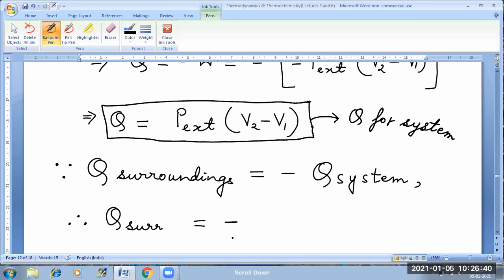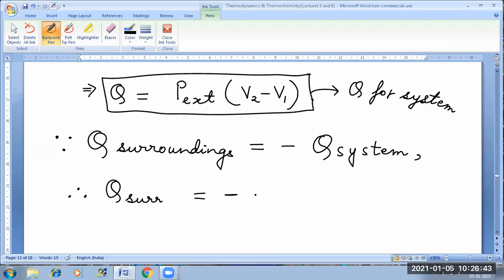So Q for surroundings will be equal to minus of this.